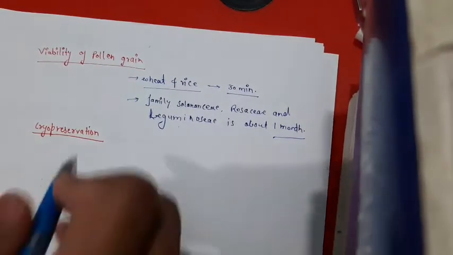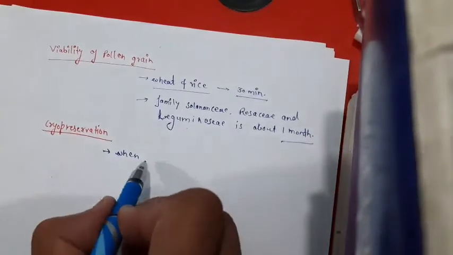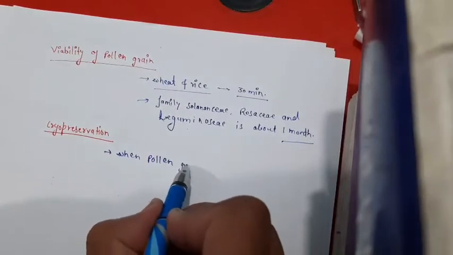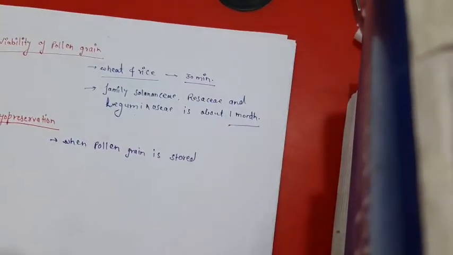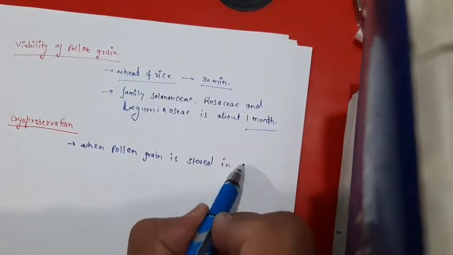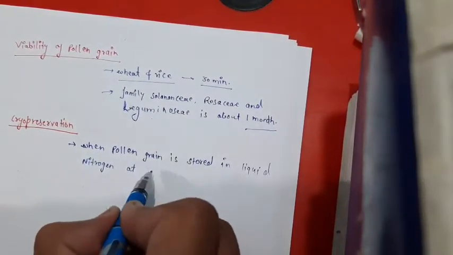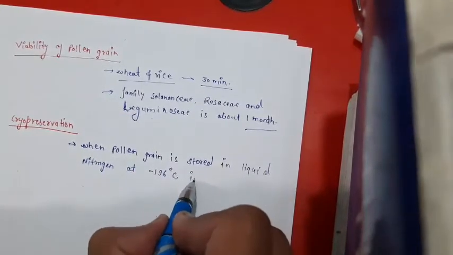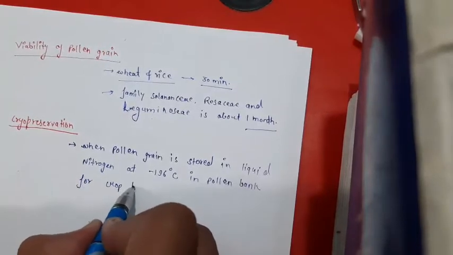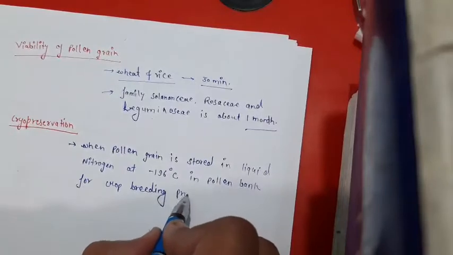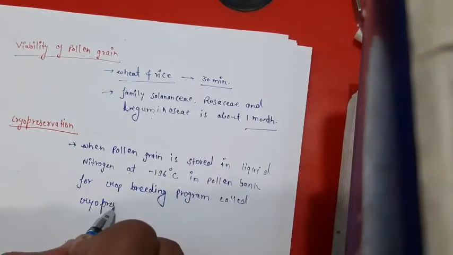Cryopreservation means when pollen grain is stored in liquid nitrogen at -196 degrees centigrade in a pollen bank for crop breeding programs, it is called cryopreservation.